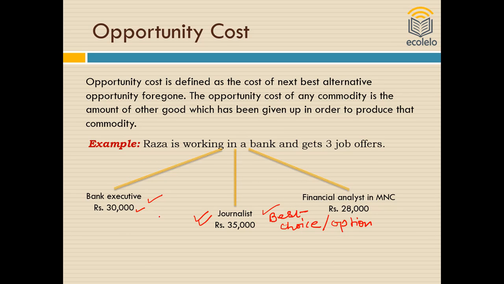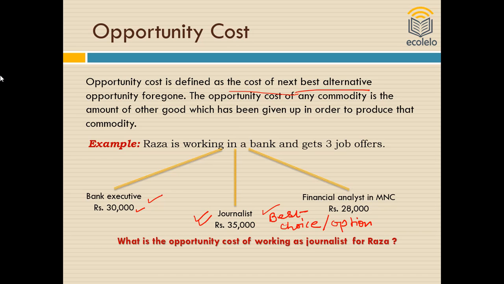Now look again at the definition. Opportunity cost is defined as the cost of next best alternative opportunity foregone. So the opportunity cost of any commodity is the amount of other good which has been given up. So in this case, what is given up? Bank executive. What is the value? 30,000.